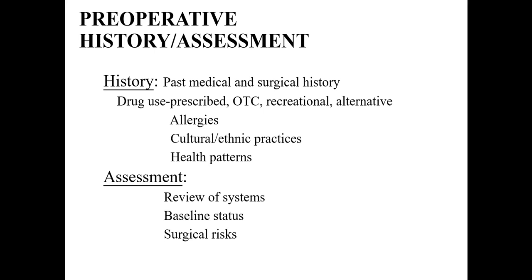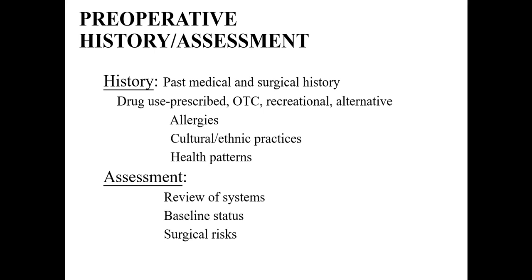The RN circulator meets with the patient. They receive report from the preoperative nurse about the patient. The RN circulator confirms that the consents for surgery and anesthesia are signed.